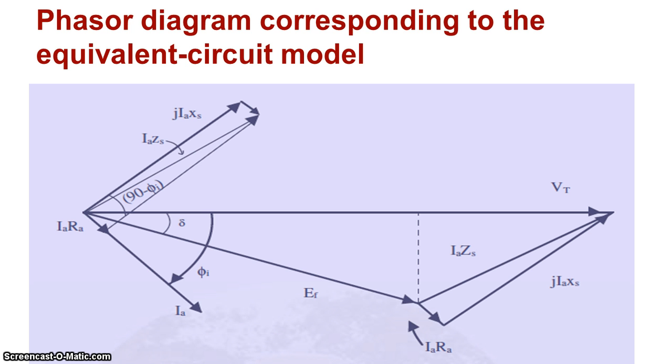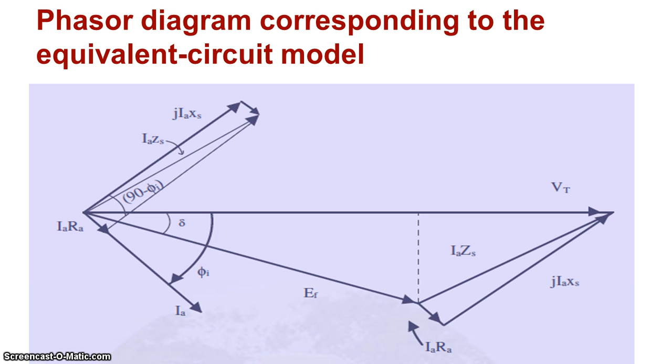The phasor diagram of the equivalent circuit model. Now we have VT as the reference phasor, and IA is the armature current which lags by 5 degrees. The voltage across the resistance RA will be in phase with the current, so we draw it along IA, that is IARA, and perpendicular to it is IAXS.